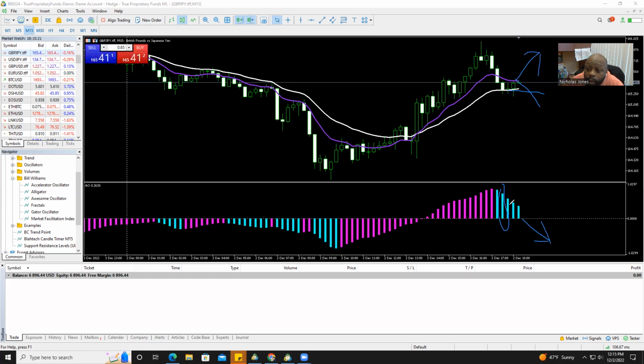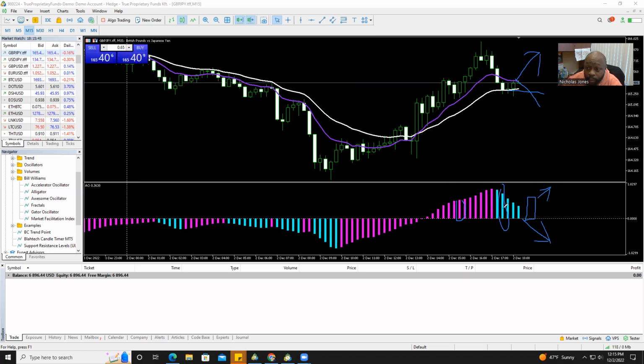Now, if it keeps going in the uptrend, you'll get another pink Awesome Oscillator line here, right? Which is letting you know the market is still going up. But we don't want to be greedy. We want to take our money from the market and leave.